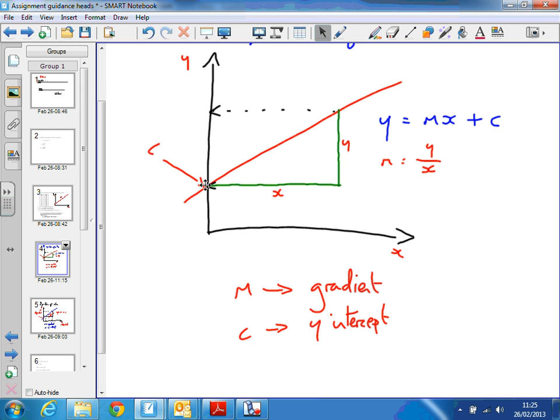So once I've plotted my graph, I can easily find the equation of the line. I can find out what m and c are from my results by plotting a straight line graph. And then I can use it. It's a formula.